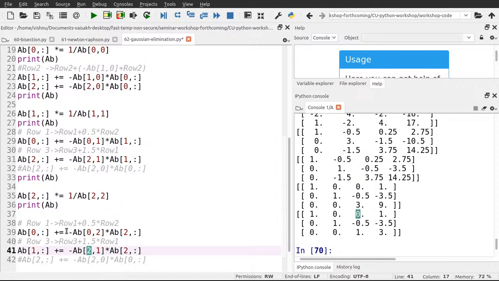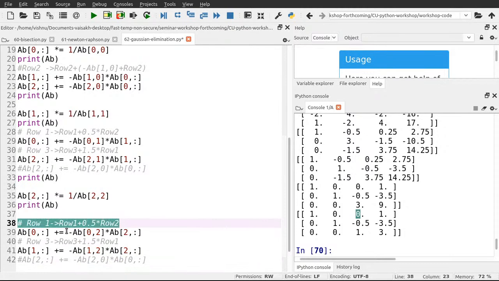Which element we should multiply? This is the 2 1. Yeah, sorry, the second row should become the second row plus 0.5 times third row. 0.5 times 0.5 is nothing but it is 1 2 third row.